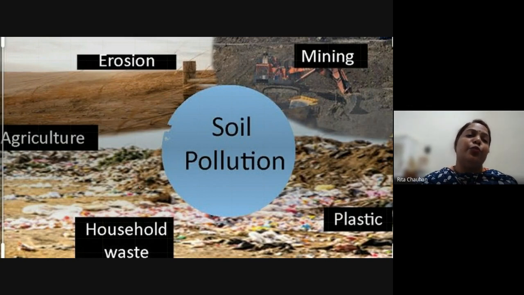Then agriculture waste, the waste material from cultivation, is also causing soil pollution. Then erosion: we have learned about erosion in a previous session. It is erosion of the soil and water. So this is also causing soil pollution. We will understand some of this pollution in the next session also, in hazardous waste management.